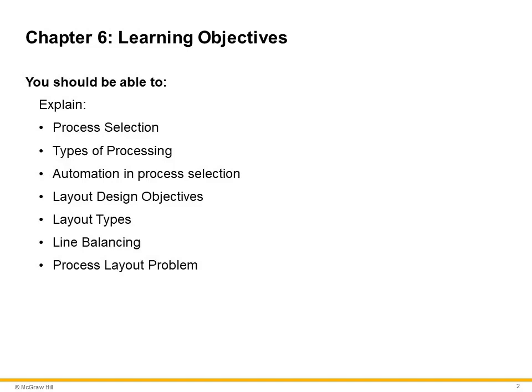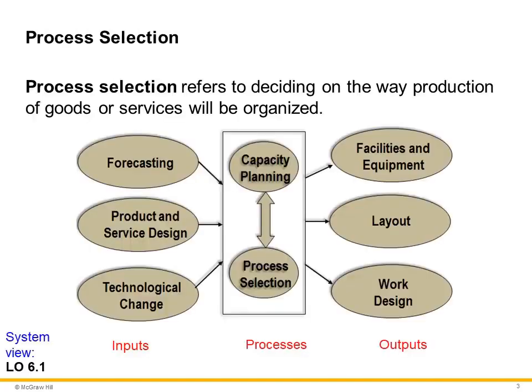So let's talk about process selection, what that means. Formally, process selection refers to deciding on the way production of goods or services will be organized.